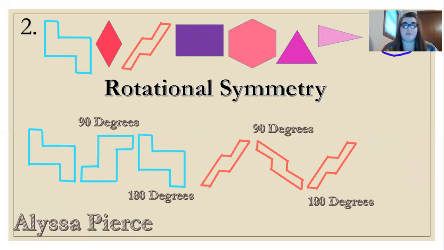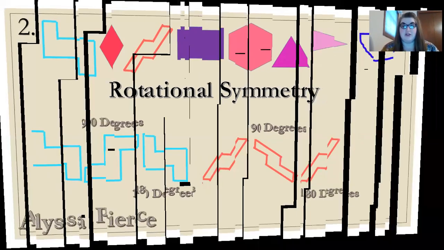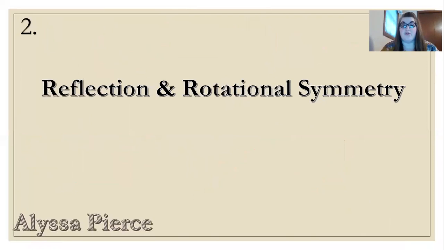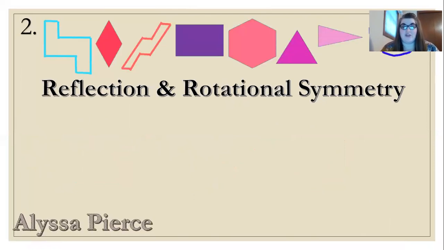Let's look at the shapes on the top, and see which have both reflection and rotational symmetry. Look at those and take your guesses. There's only a couple we haven't used. We have this lovely rhombus or diamond shaped figure, and here I've shown a vertical line of symmetry, but you could have also shown a horizontal line of symmetry.